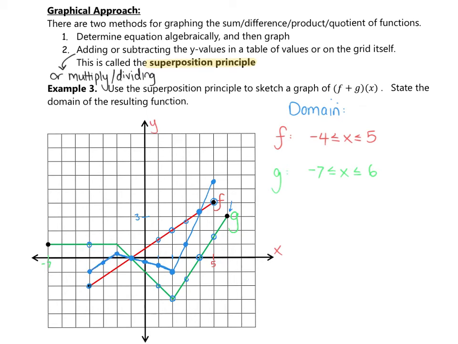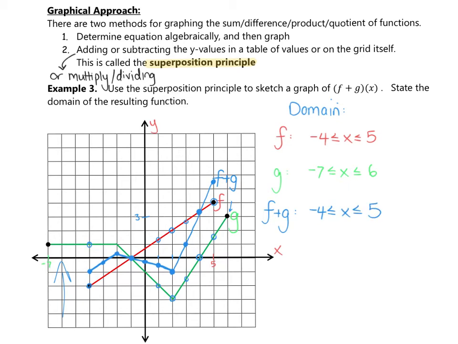Okay, so those blue open circles are just me showing you, but hopefully you can see that this is f plus g. Okay, and I can't continue it all over here because I have nothing to add the green to. So in other words, the domain of f plus g is between -4 and 5.